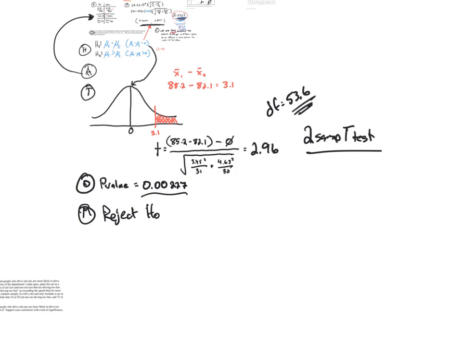Now, if we weren't given an alpha value, we'd just say what alpha value we're using, at the 1% alpha level.